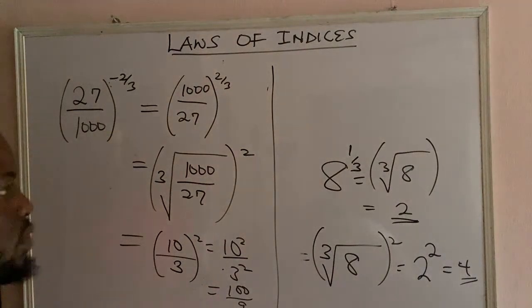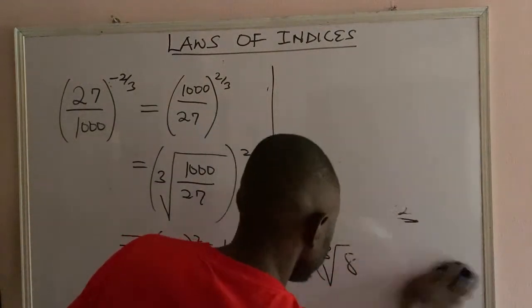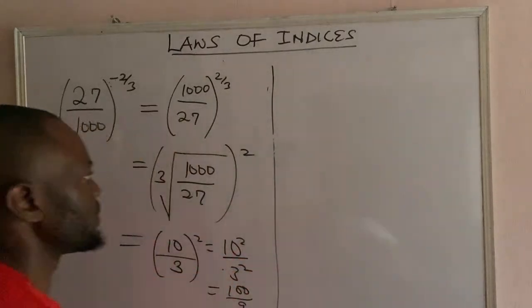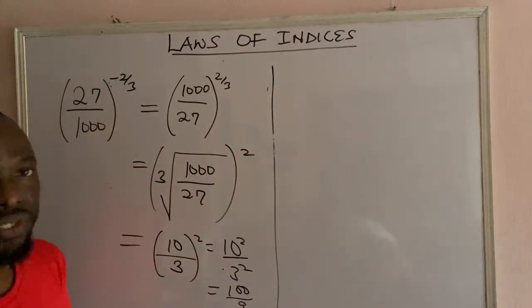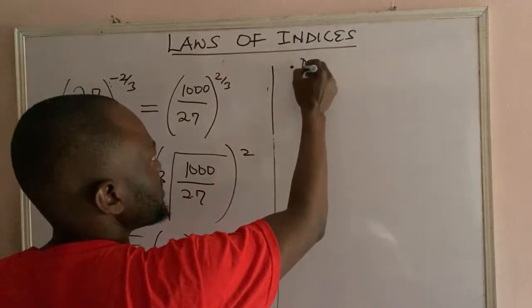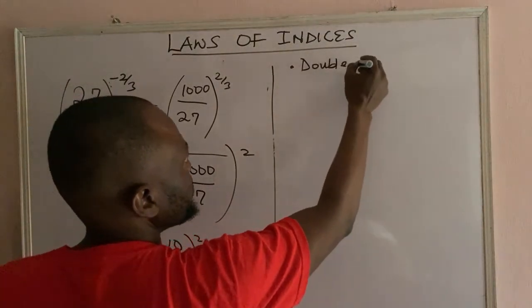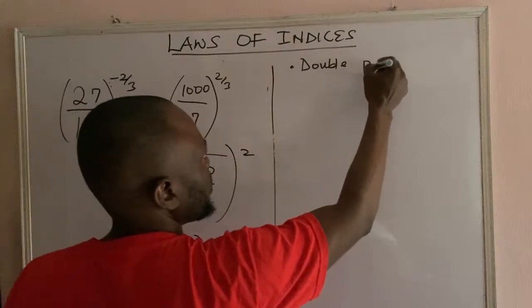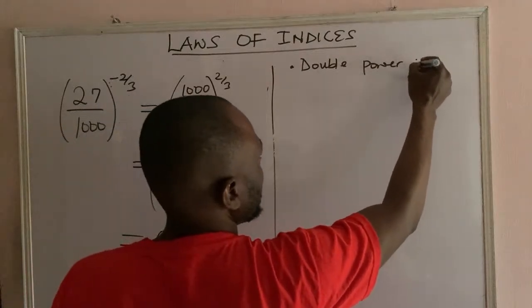All right? So without wasting time, I think we are good to go with this. So we want to see another law, which is called the double power, or you can call it the raising power.